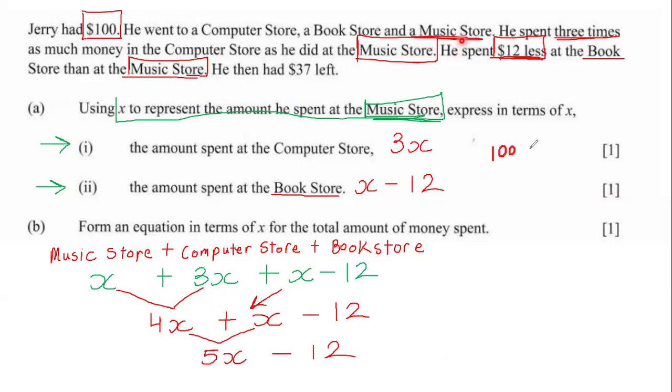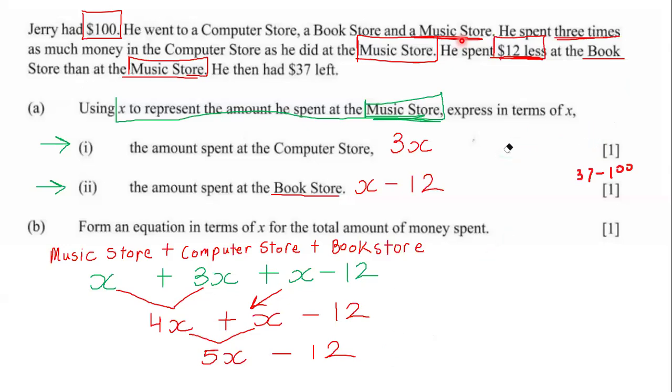He spent a certain amount of money, and he is left with $37. So I say 63. So if we send this over, that's 137 minus 100. What is 37 minus 100? That's 63. So that is gonna be equal to 63.